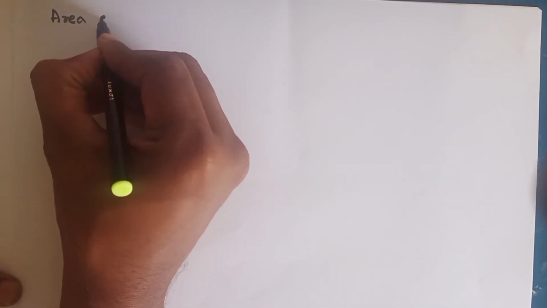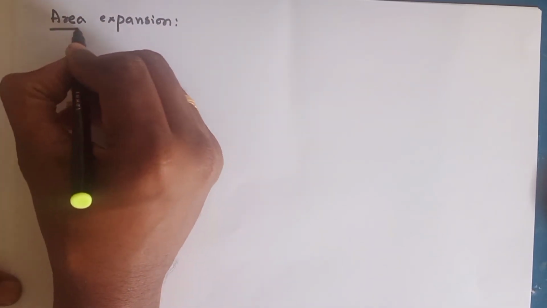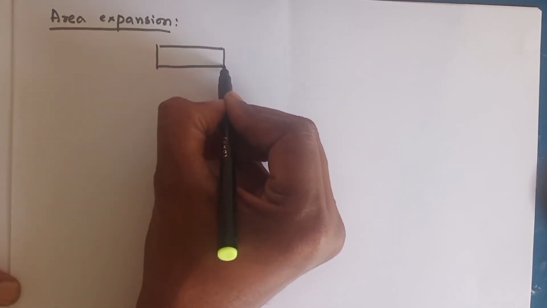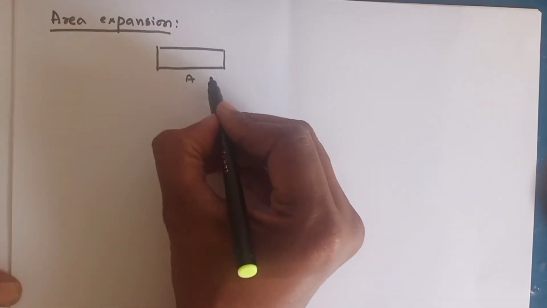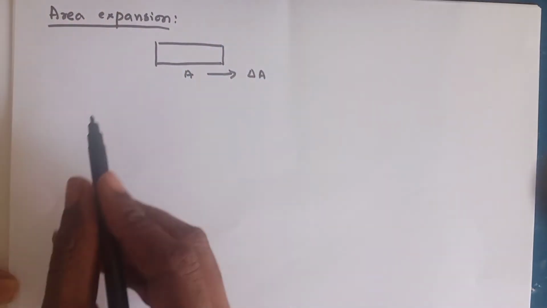Area expansion. A slab is there, of area A. The extension in the area on heating is delta A.